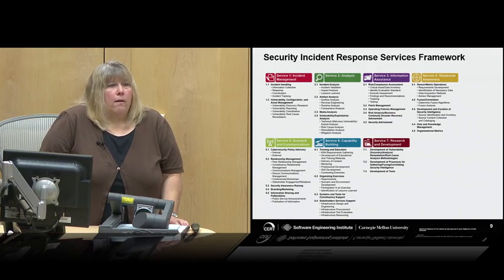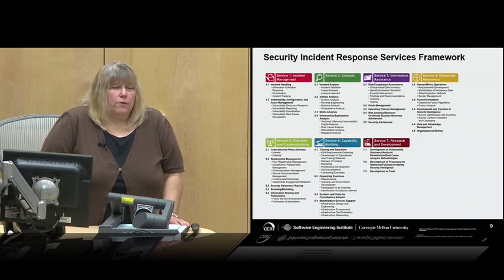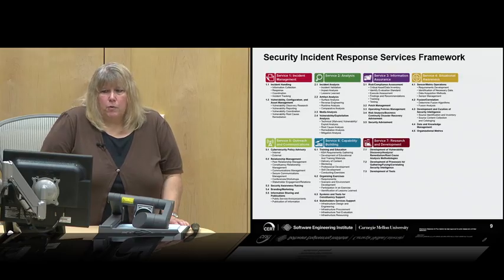There is an effort going on now to define the types of services associated with security incident response, which is really security incident management, too. We'll talk more about those definitions as we move forward.